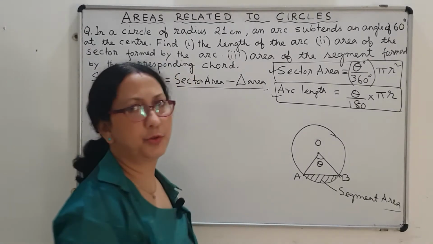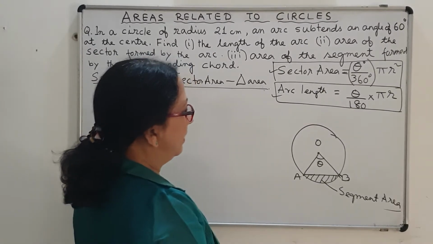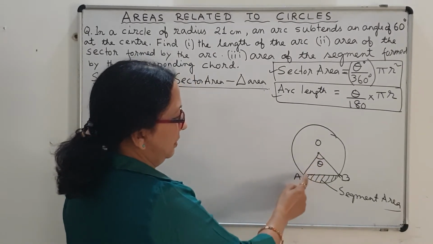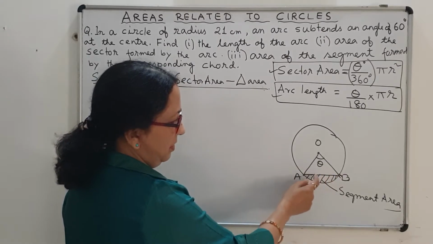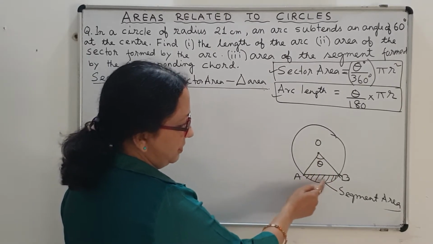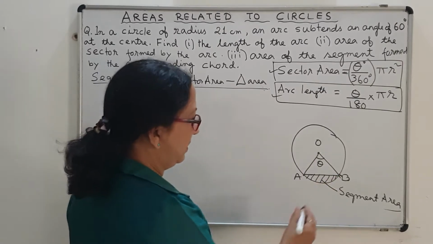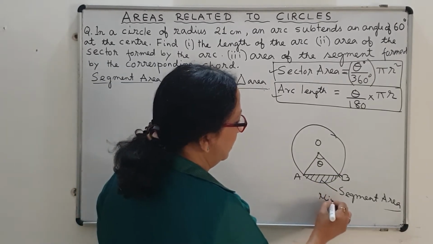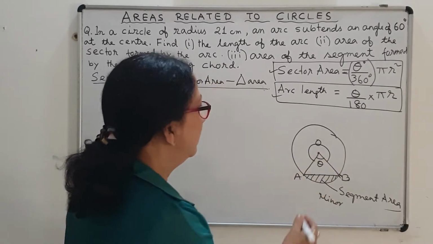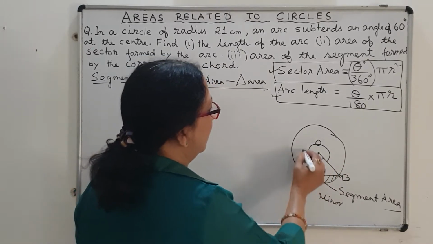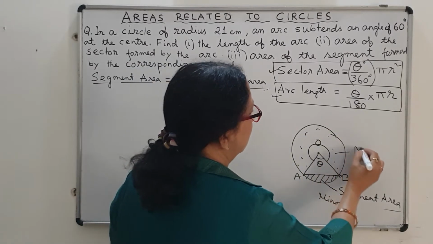And one more thing I should tell you. When the angle is acute, the corresponding chord produces the segment which is known as the minor segment, and its reflex, this is the reflex angle. The reflex angle produces the major segment.